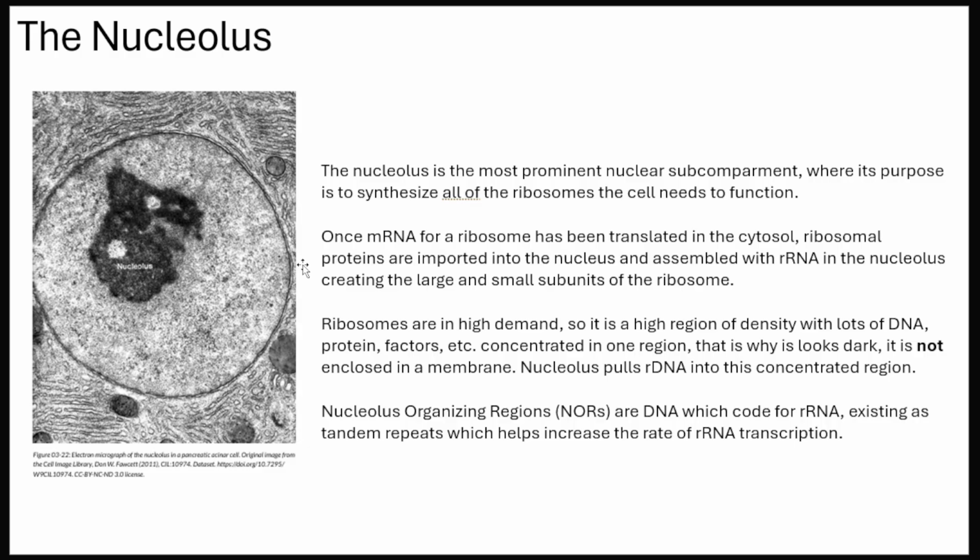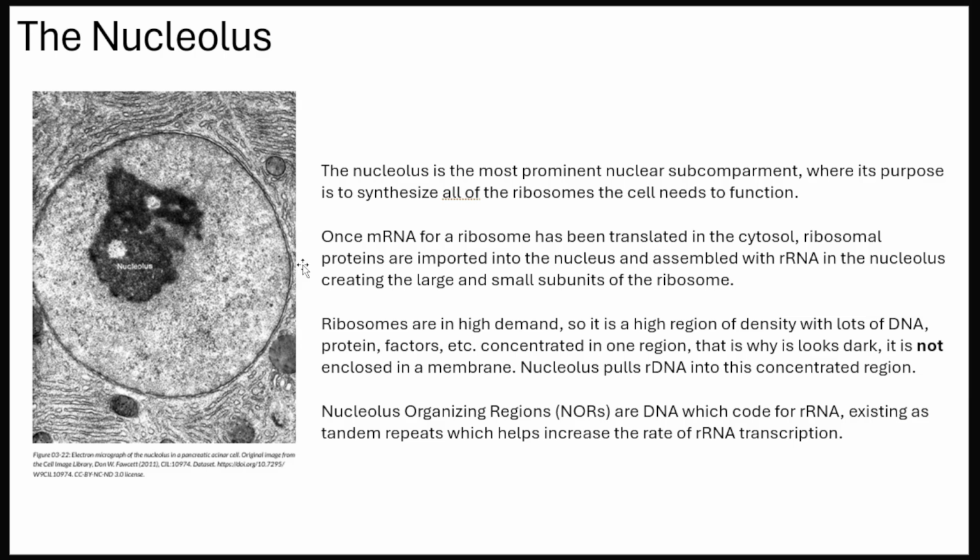So you have nucleolus organizing regions of DNA that actually code for ribosomal RNA, all folded into this region where factors and other things can express them and increase the rate of rRNA transcription. Also, interestingly, in terms of molecular biology, the regions of DNA that code for ribosomal RNA exist as tandem repeats, because you can increase your rate of transcription that way.